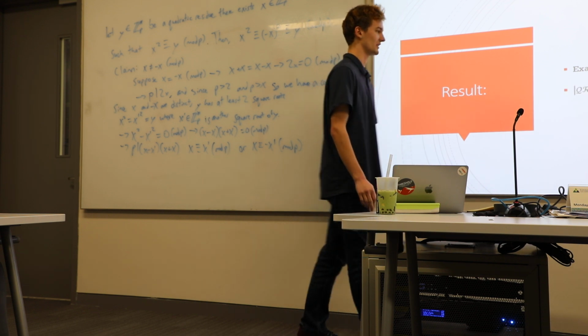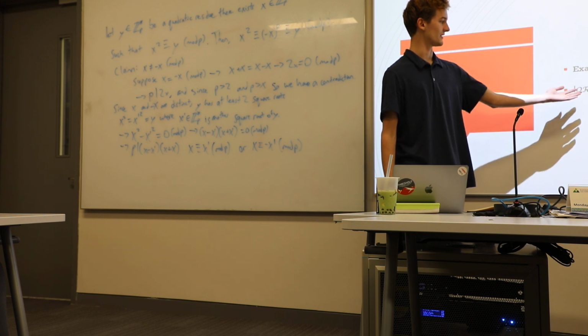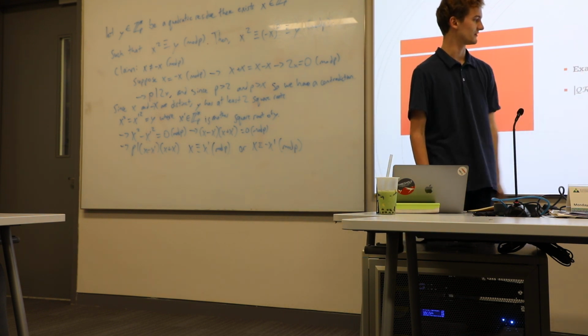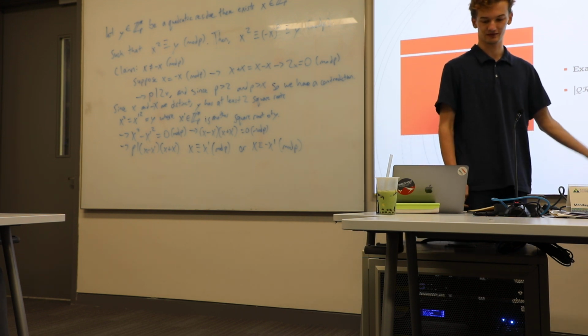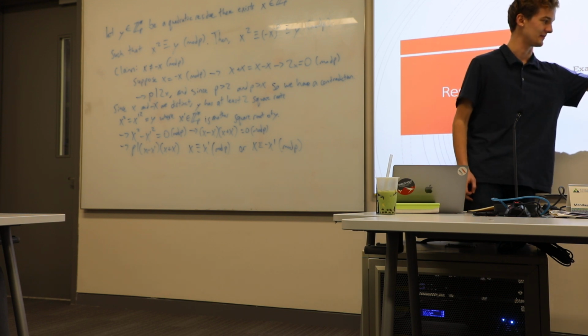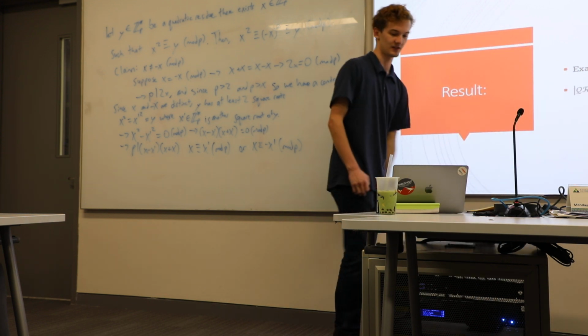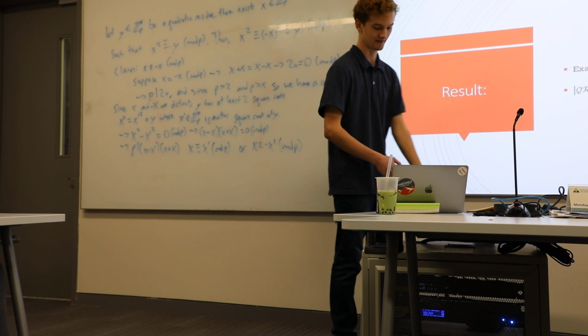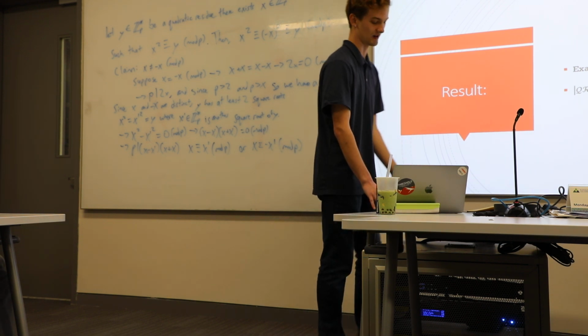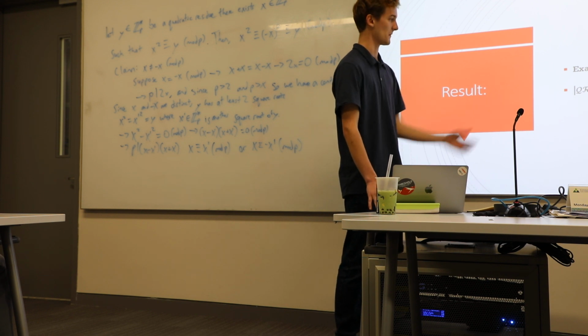And that means that the number of quadratic residues is equal to the number of quadratic non-residues, which is equal to the size of z mod p star over 2, which is equal to p minus 1 over 2. So we have an amount for however many quadratic residues there are in a certain prime modulus.